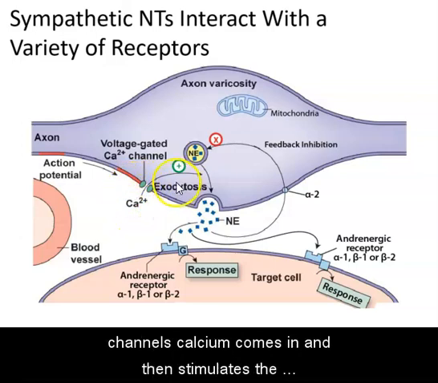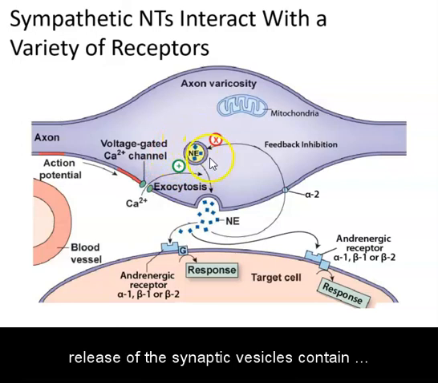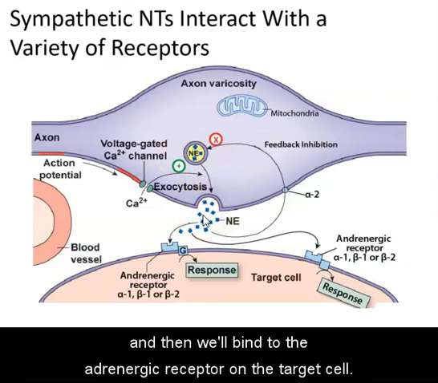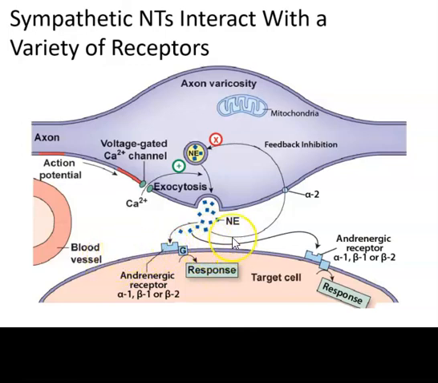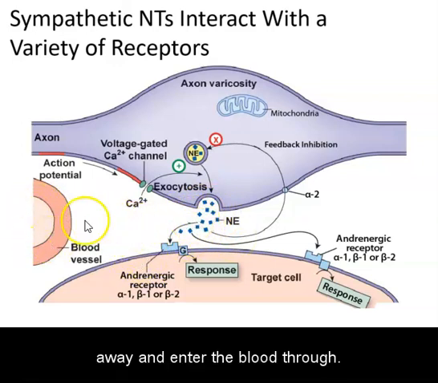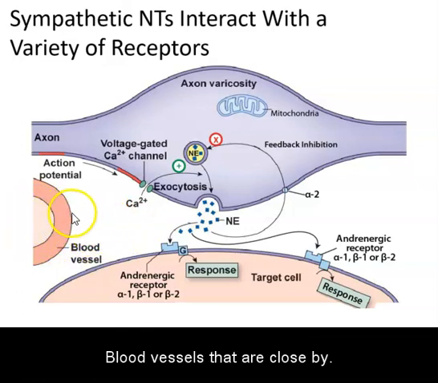Calcium comes in and then stimulates the release of synaptic vesicles containing norepinephrine. So norepinephrine is released and then will bind to the adrenergic receptor on the target cell. If they do not bind to their receptors, they can diffuse away and enter the blood through blood vessels that are close by.